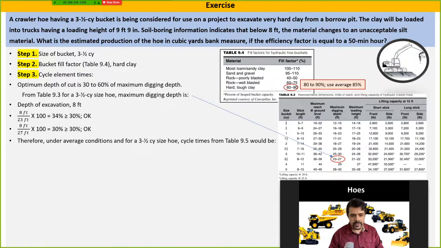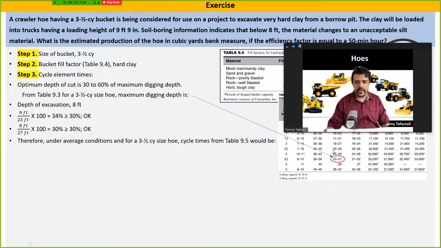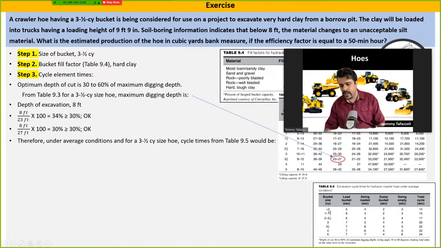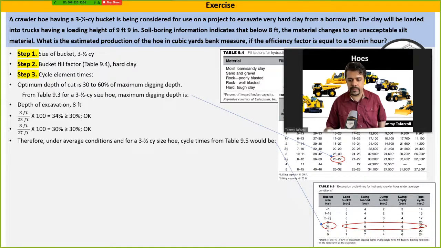Therefore, under average conditions for a 3.5 cubic yard size hoe, how can we find the cycle times? There is a table for that, okay? That also depends on the size of the bucket. The size of the bucket here is 3.5. The durations in seconds for different elements of a cycle are given in this table, and we actually just care about this 22.